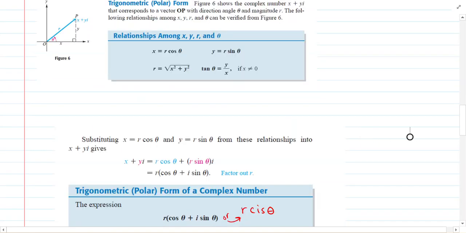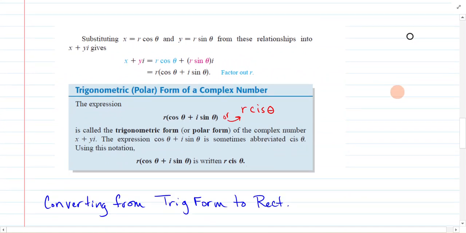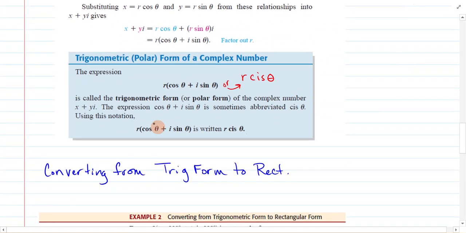So the expression, the trig form, is r parentheses cosine theta plus i sine theta. Sometimes that is abbreviated with r cis theta. So those are the same things.